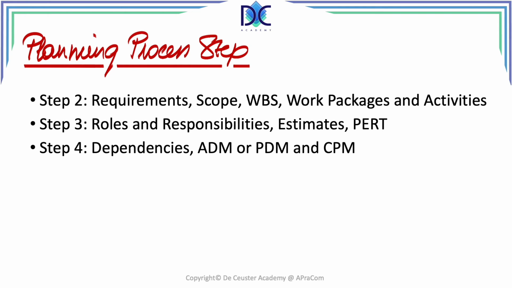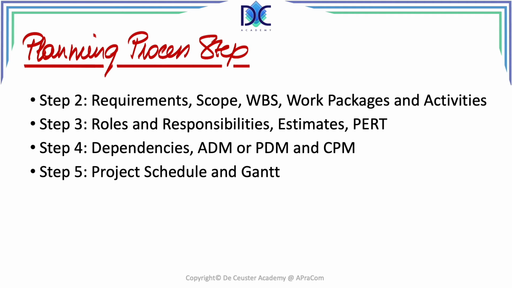We are looking at networking methods, which can be the arrow diagramming method or the precedence diagramming method. And of course, we will use the critical path method. Step 5 is about the project schedule and the Gantt. We're creating the schedule, typically on a Gantt chart, so that we have an overview of what the project will be doing and linking it to the calendar.